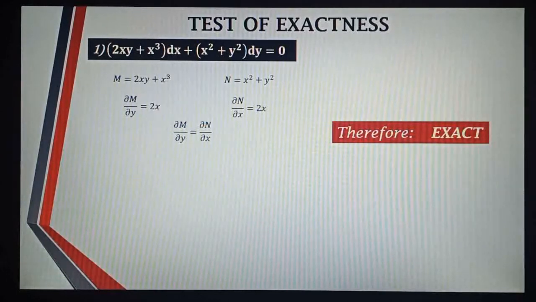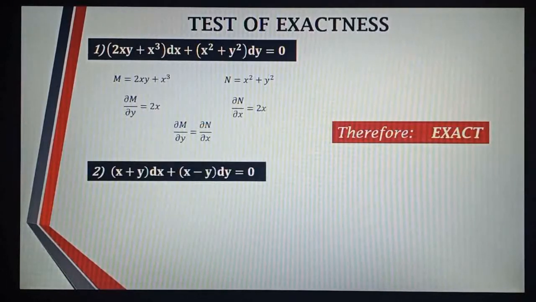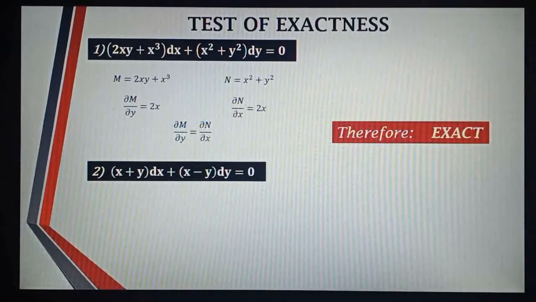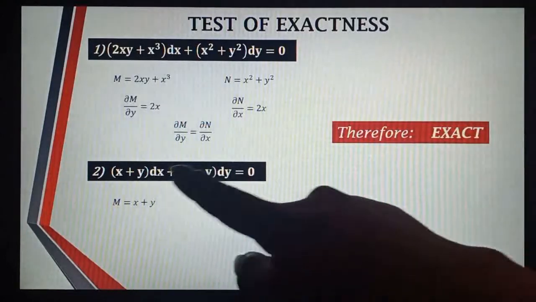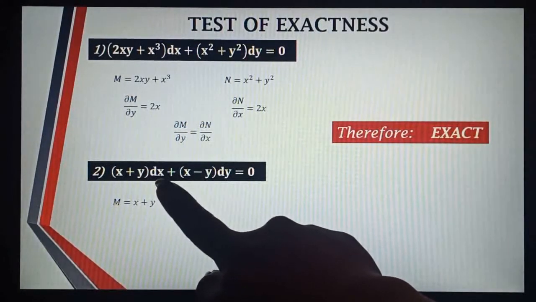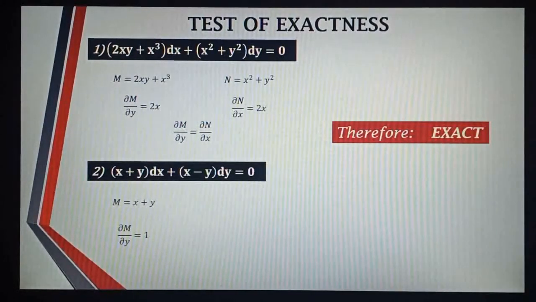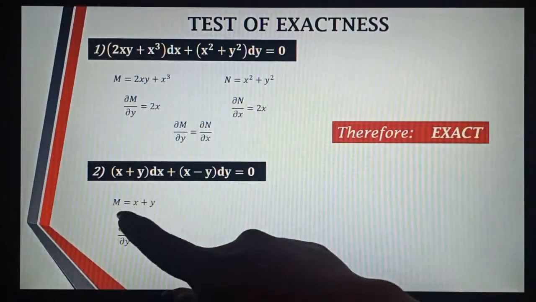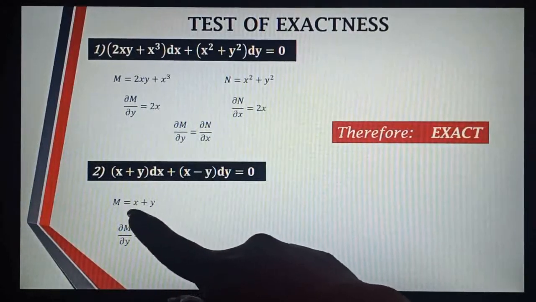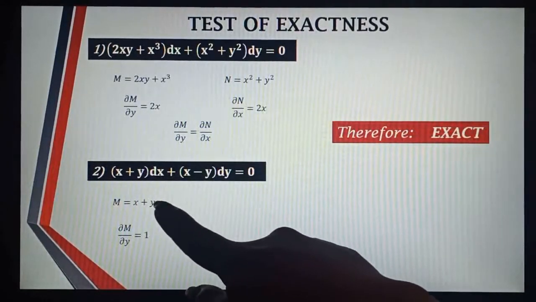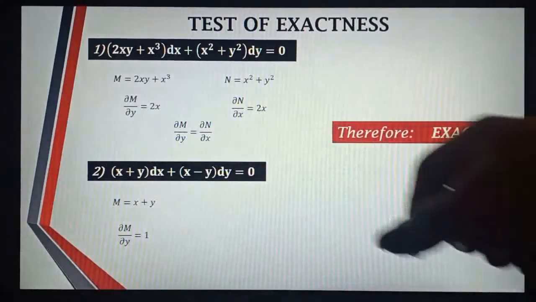Another equation: you were given the quantity of x plus y dx plus the quantity of x minus y dy equated to 0. So identifying M, let's say M is x plus y multiplied to dx. This is the partial of M with respect to y. x is constant, so that's 0. y is the variable, so the differentiation of y is 1.